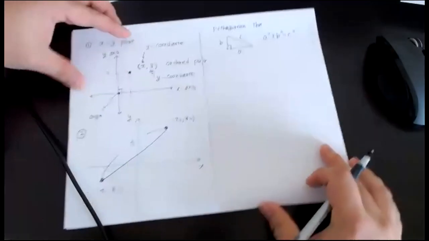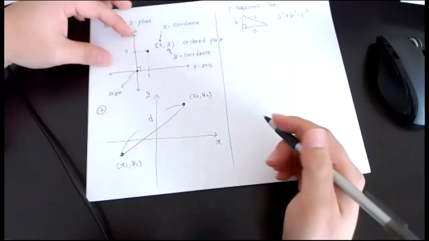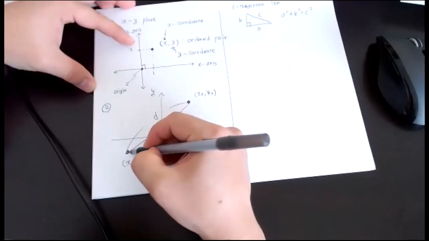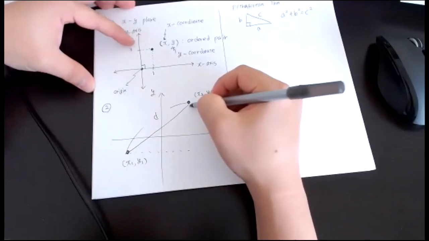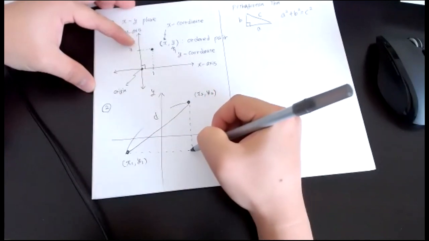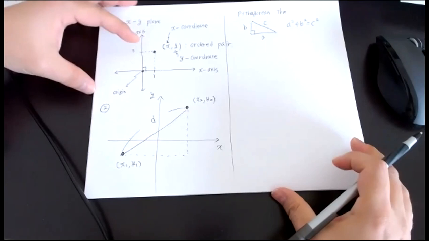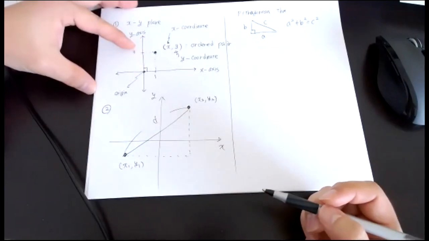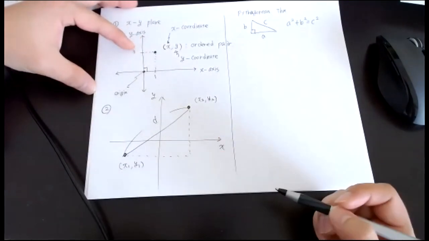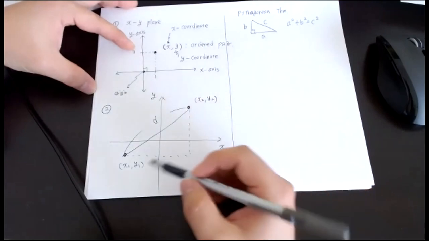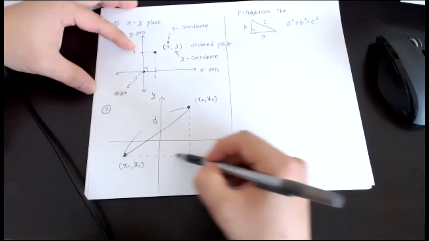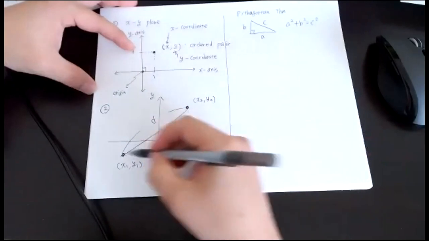Right? So what I'm going to do is draw the two straight lines to get the right triangle like this. Okay, right here. And then I'm going to find the length of the base and the length of the height of this triangle.